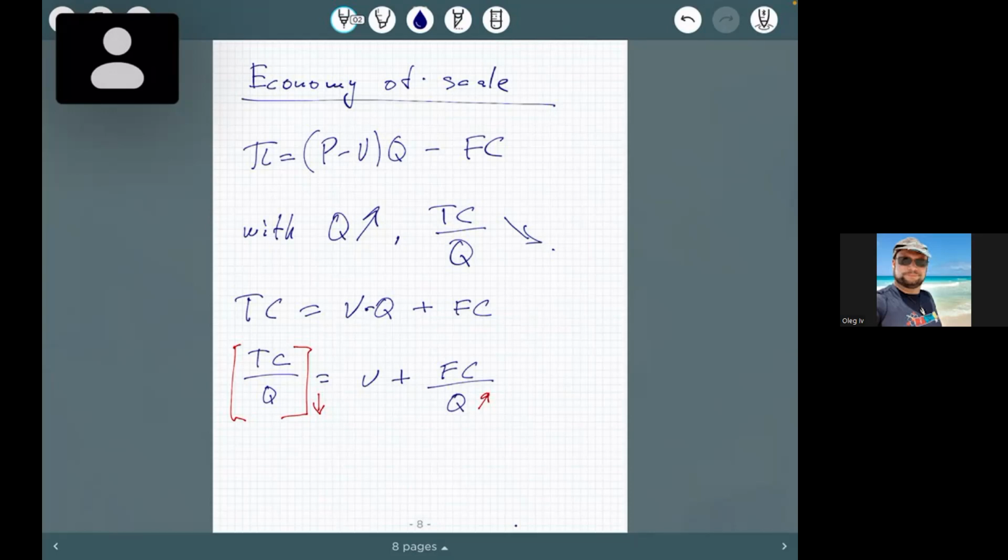Research quite extensively shows that it's not forever, which is a good thing for our markets. Otherwise, we would have just one company in the world producing everything and having all the power, having the largest economy of scale. And economy of scale has limits, mostly due to people's limitations and management limitations.